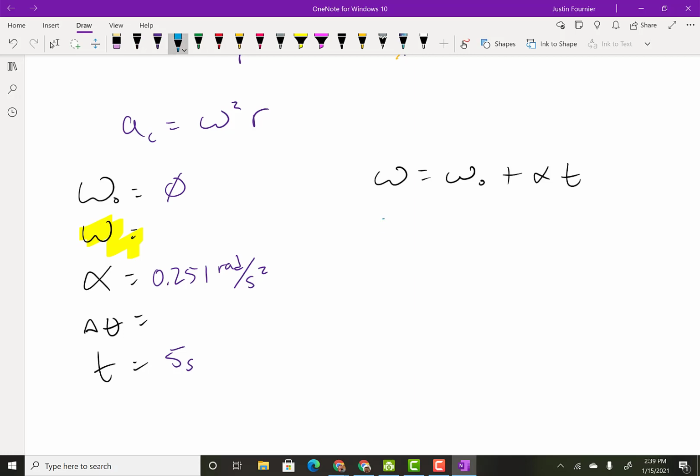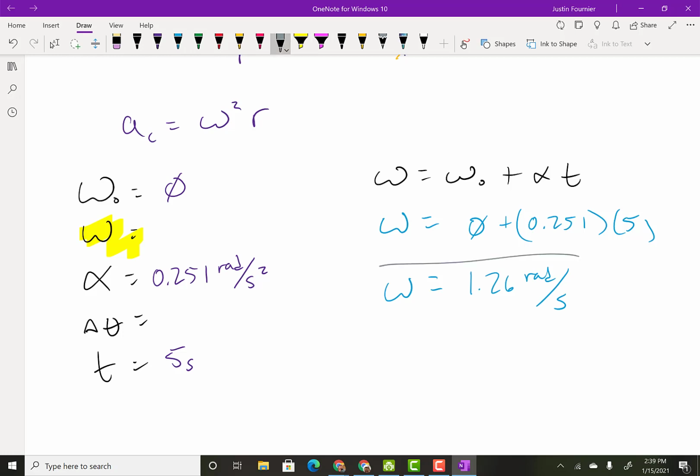Plugging that in, omega equals omega naught, which is 0, plus 0.251 times the time, which is 5 seconds. So my final angular velocity is 0.251 times 5, 1.26 radians per second. Now I can plug that into this.